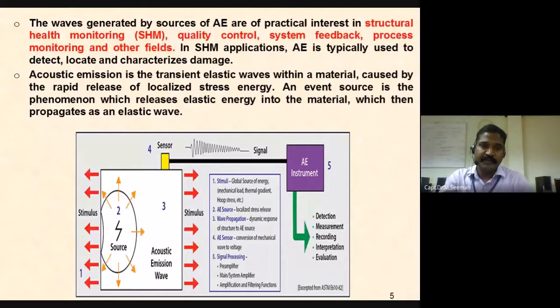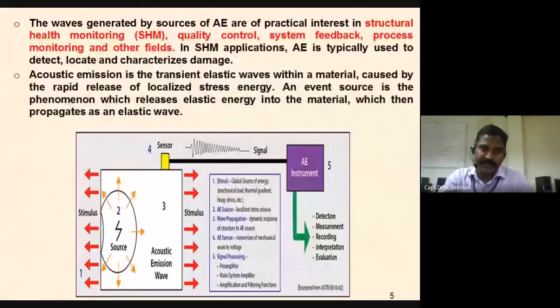The diagram shows a material, a component, or a structure under tensile stress. Here, there is a source. The source is nothing but a flaw, inclusion, or defect. Generally, it is a defect. The source induces acoustic emission waves.